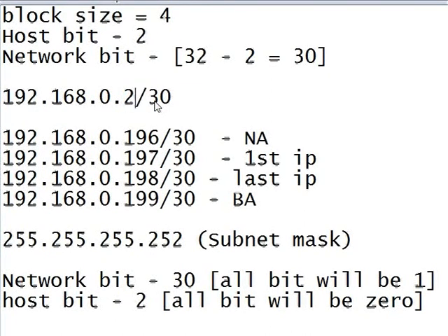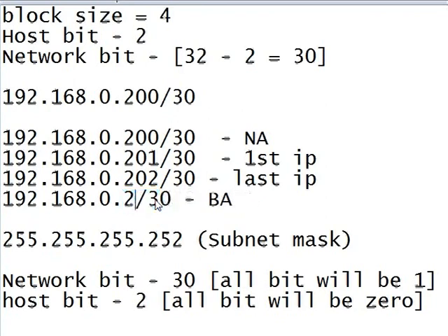The next network will be 200, first IP 201, then 202, then 203, like that. The next network will be 204, first IP will be 205, 206 will be the last IP, this is 207, and next will be 208, like that.